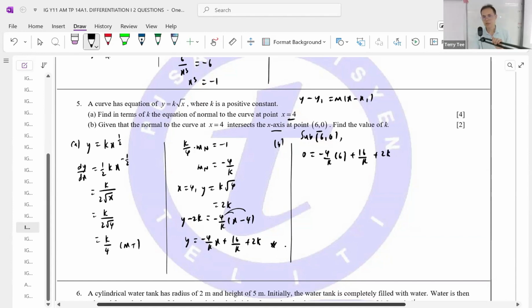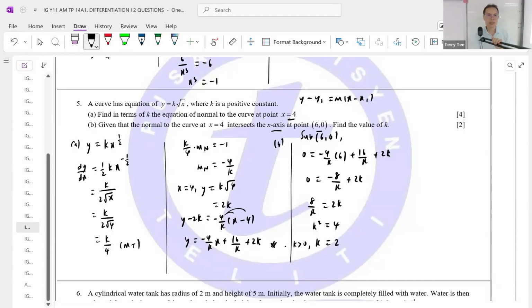So this is -24 over k plus 16 over k plus 2k, equals 0. -8 over k plus 2k, bring over: 8 over k is 2k, bring the k up, k times k is k squared, 8 divided by 2 is 4, so k is 2. Now, do you need to put plus minus? No. Why? Because k is a positive constant. So we just take the positive value, k is just 2.